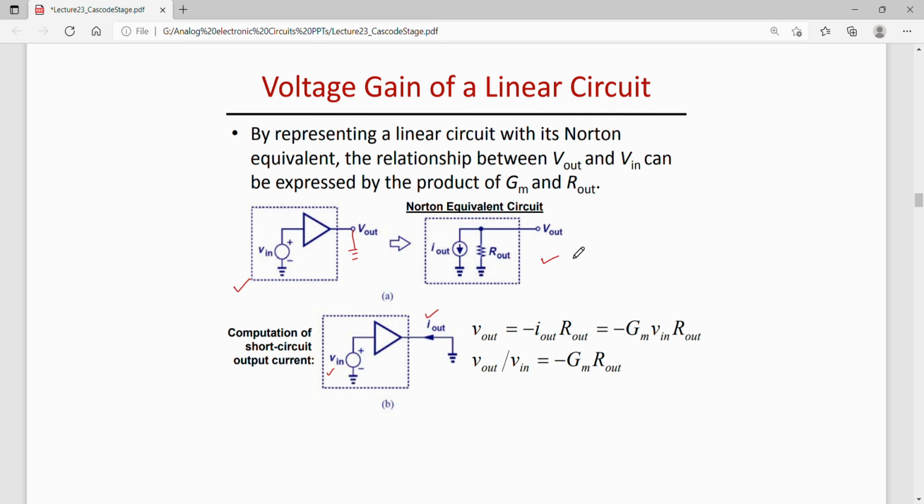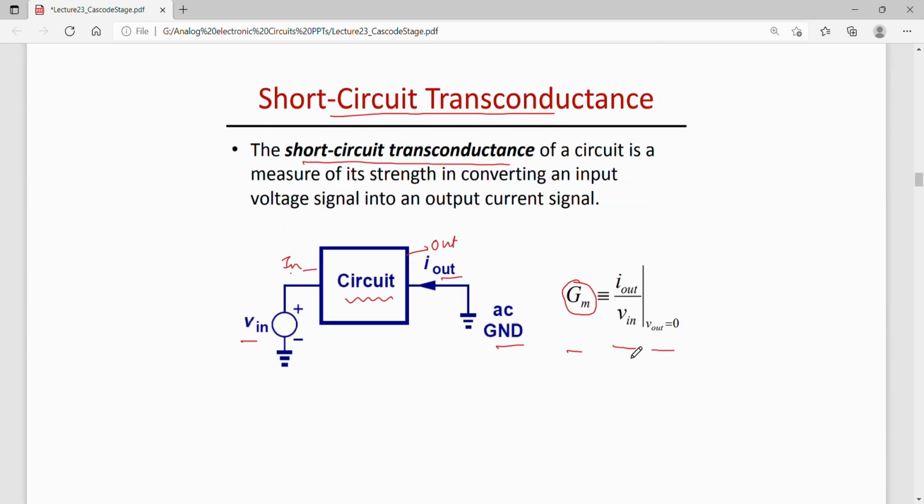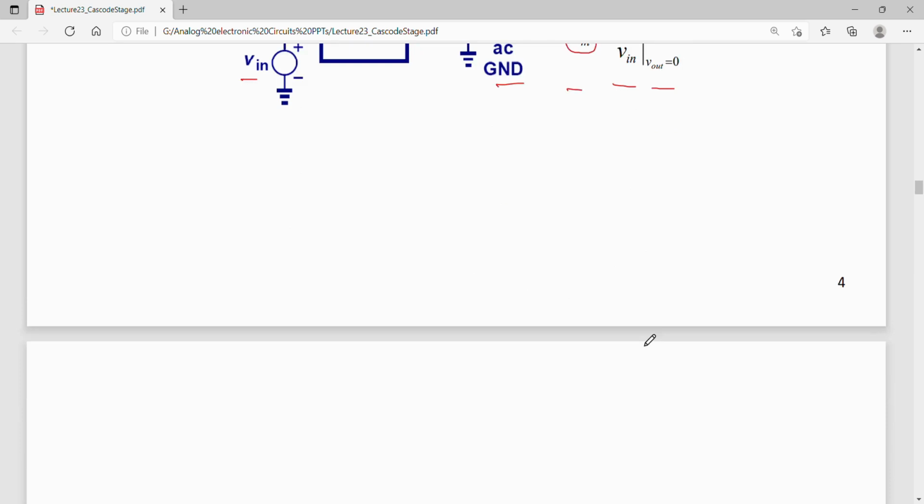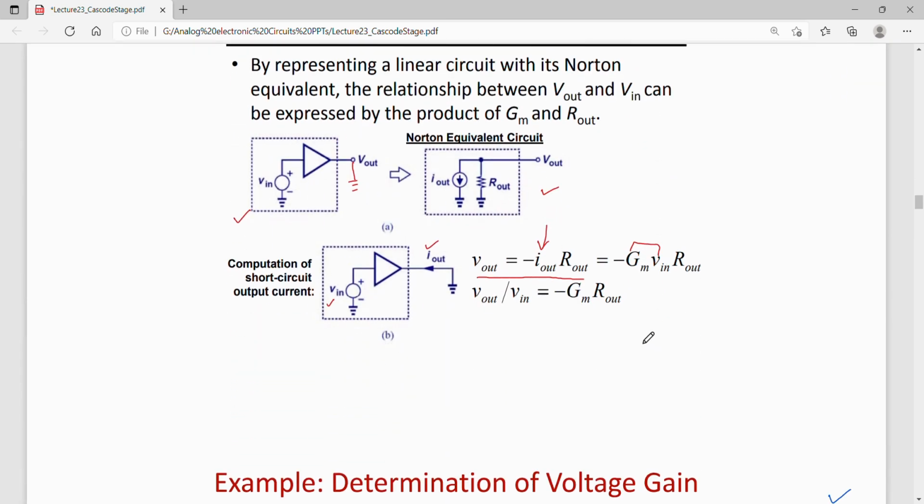From this circuit one can write V out as minus I out times R out. And I out can be written as GM times V in. So this gives me V out is minus GM V in R out.